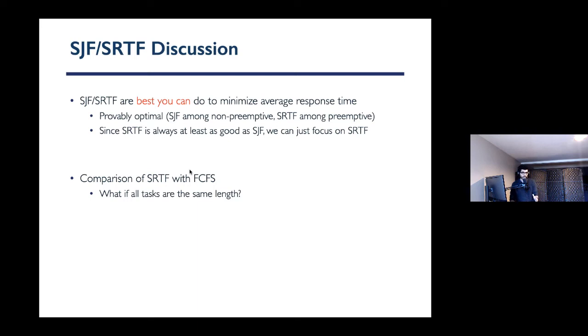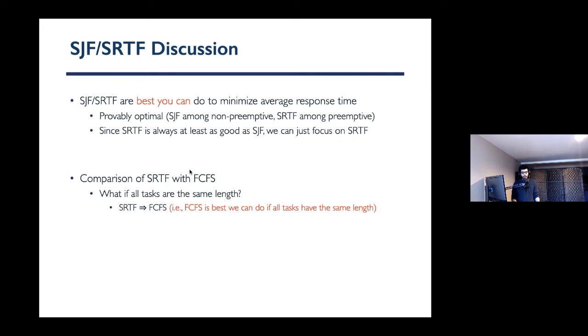FCFS doesn't. But does that mean FCFS is always worse than SRTF for all workloads? The answer is no. If you have tasks with the same size, with the same CPU burst, then SRTF does the same thing that FCFS does. Does that make sense? If your tasks are of the same length, FCFS does one scheduling, and SRTF does that same scheduling.